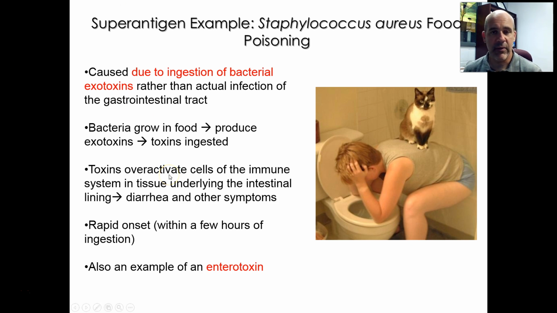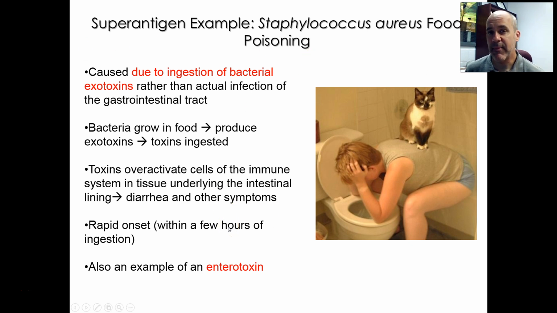And then you swallow the exotoxin, and it makes its way through your stomach and on down into your intestinal tract. And then what happens is you've got cells of your immune system along that inside lining of the intestinal tract that overreact. They get overactivated, so they stimulate very severe inflammation. And when you have inflammation of the intestinal tract, you're going to have diarrhea and vomiting, lots of pain and so forth.